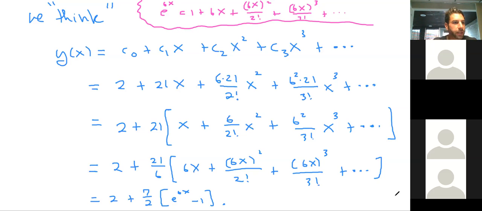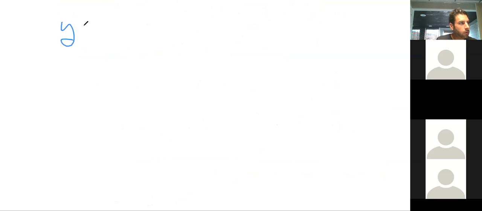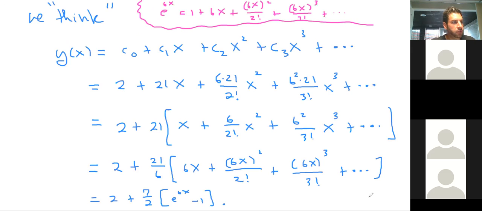So let's just write the final answer on the next page. We can clean this up. So if I distribute the 7 halves, you have y equals 7 halves e to the 6x. Now, there was the minus 1, right? And then it was plus, let me be very careful. It was plus 2. Or excuse me, minus 7 halves and then plus 2.